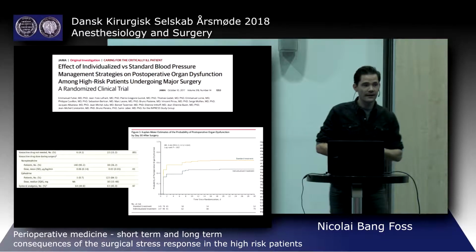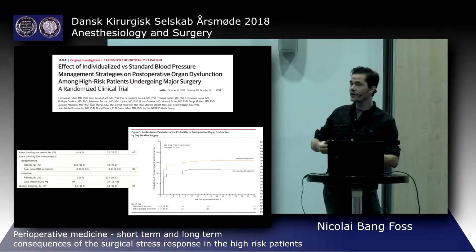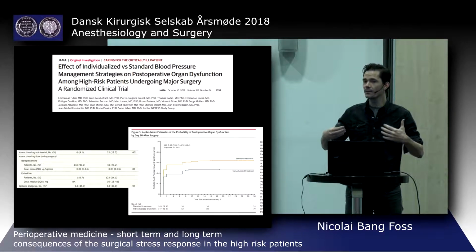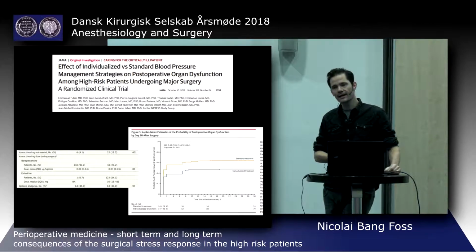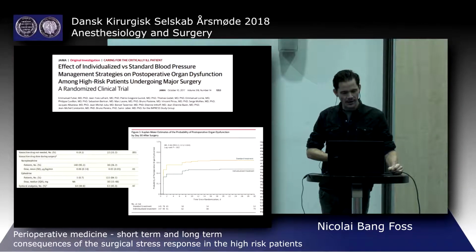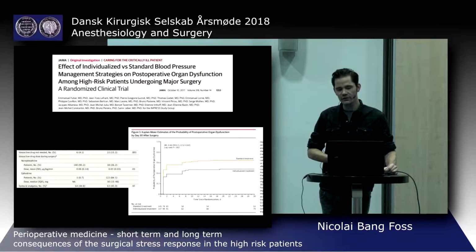Recently, it's been shown that if we just attenuate hypotension by giving norepinephrine after goal-directed therapy, where the patient has avoided hypovolemia, we can actually, in this mainly abdominal surgery, decrease mortality. So we should attenuate stress, but we should also optimize cardiovascular function.